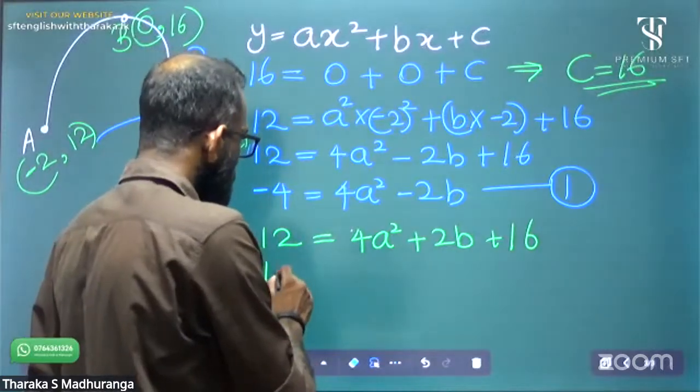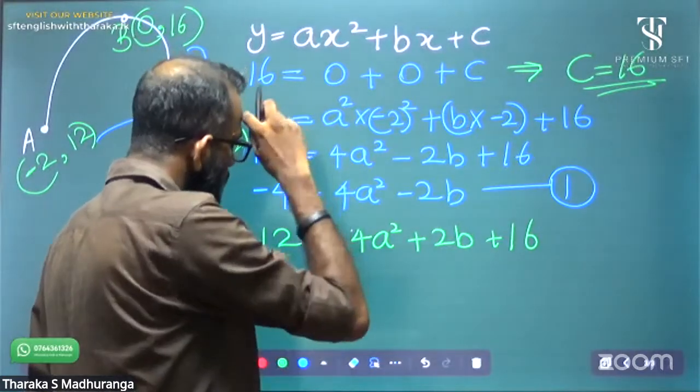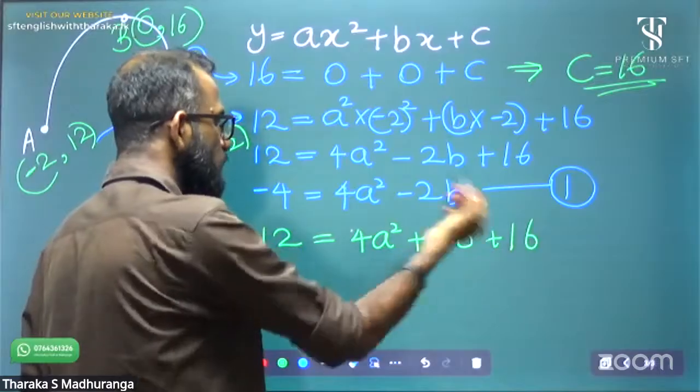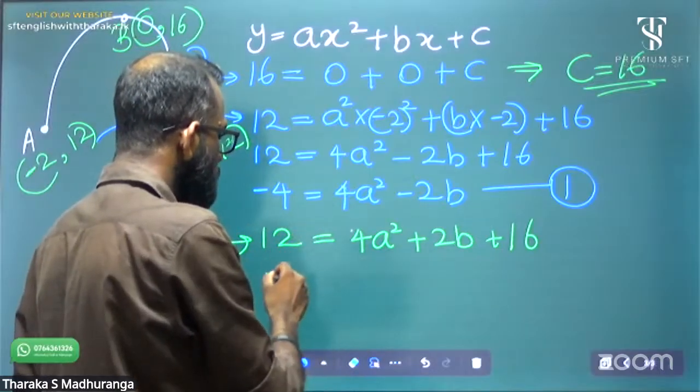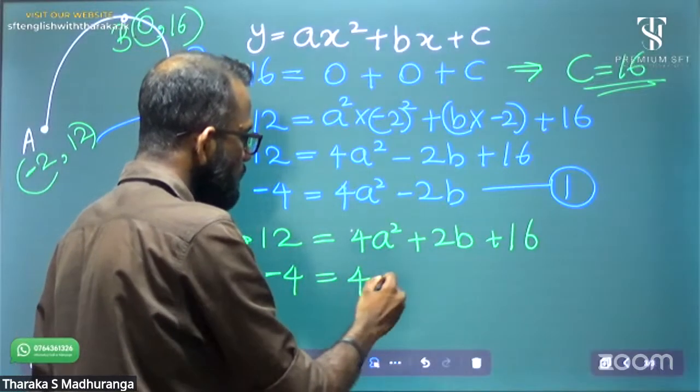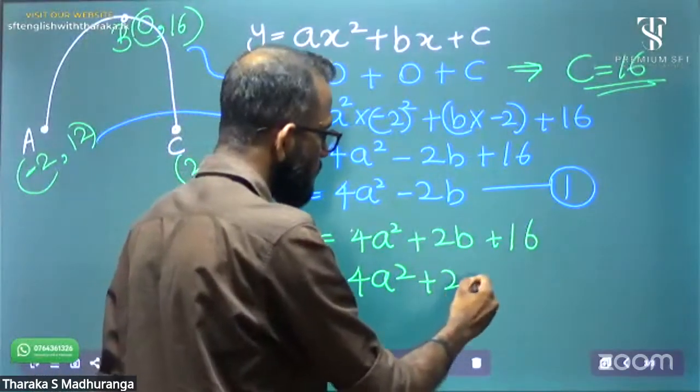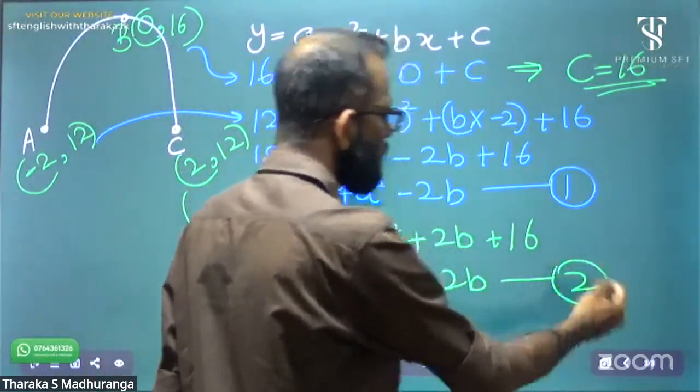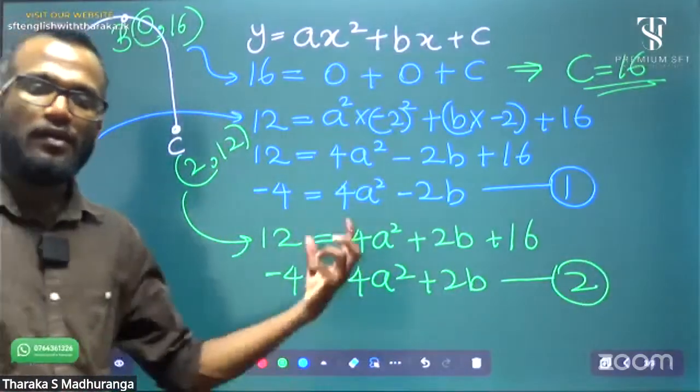Take this 16 to this side, then minus 4 equals 4a plus 2b. Okay, this is my second equation.